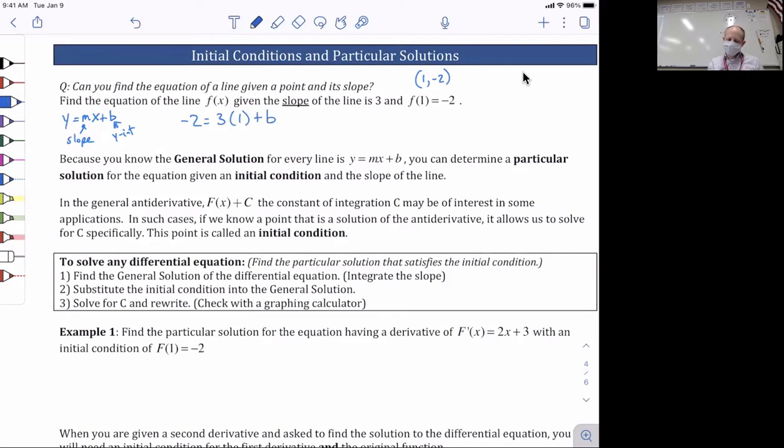You plug in your x, you plug in your y, and then you can solve for the b. This is the process we've done when we were finding tangent line equations. And so we'd subtract 3. We would say b equals -5. And we could go back to that general equation, plug 3 in for the slope, and -5 in for b.